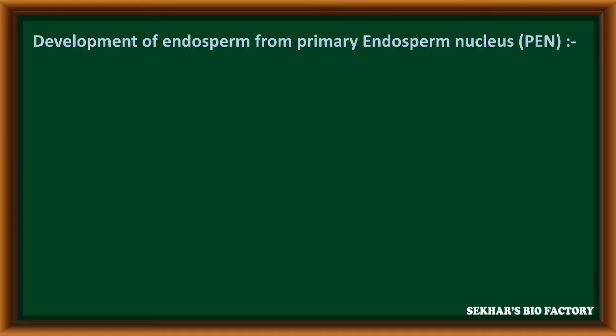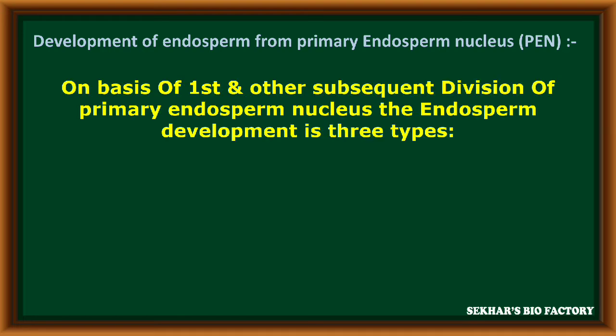The development of endosperm takes place from the primary endosperm nucleus, on the basis of the first and other subsequent cell divisions which occur in the primary endosperm nucleus. This developmental process is basically of three types.